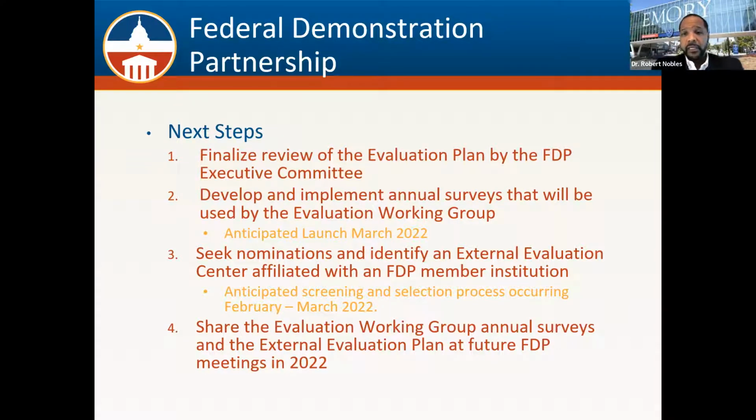We will look at the websites of the evaluation centers, see the type of work they do, get some examples, and down select. And then after that point, we will be sharing what the survey will be. We'll share the evaluation plan created by the center, and begin engaging the full caucus of FDP related to what's going on in evaluation. So that's where we are, and that is the plan.